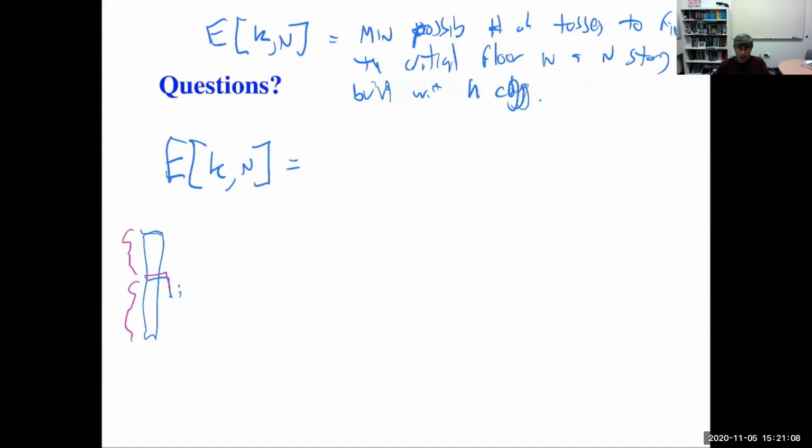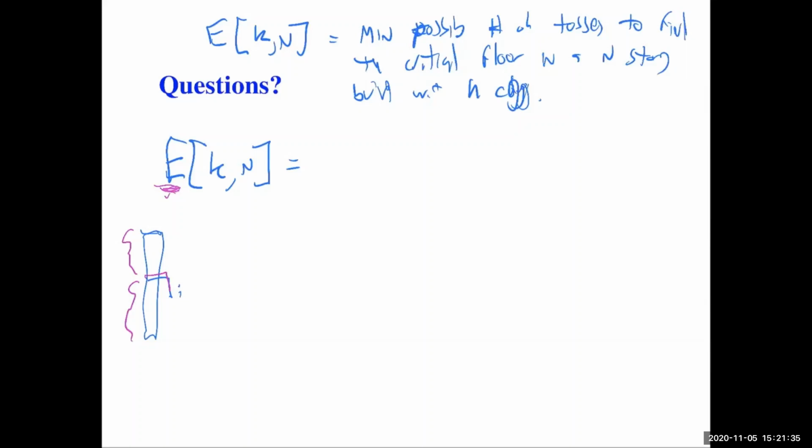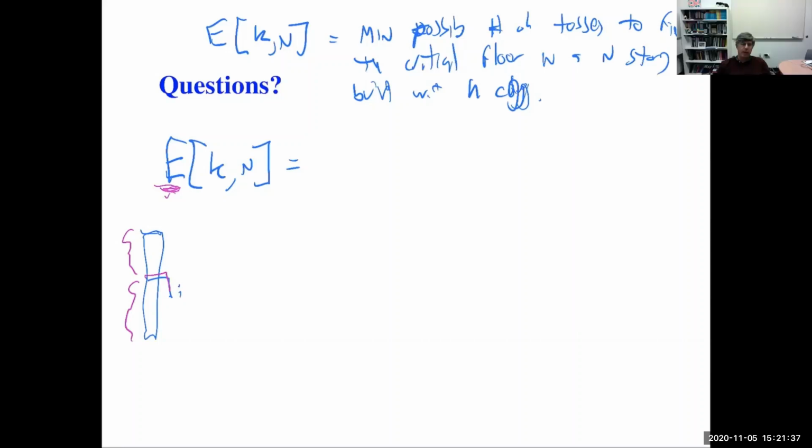Okay. And I want a recurrence. So this cost had better be in terms of E. Right? If we're doing dynamic programming, you want this to be a recurrence defined in terms of itself. Any ideas of what the cost is if I toss it off on the ith floor? What is the cost if I don't break the egg?